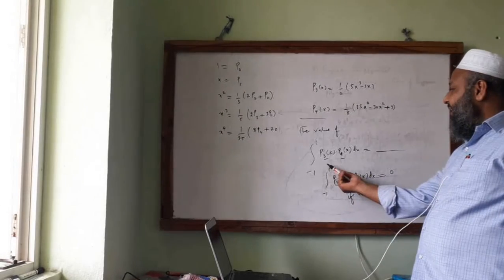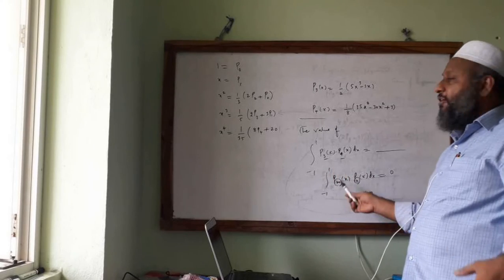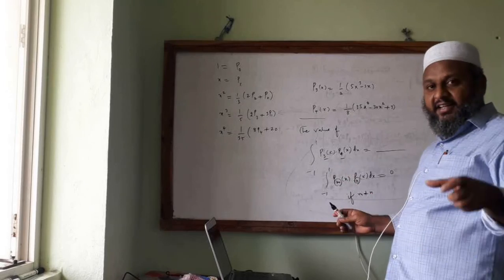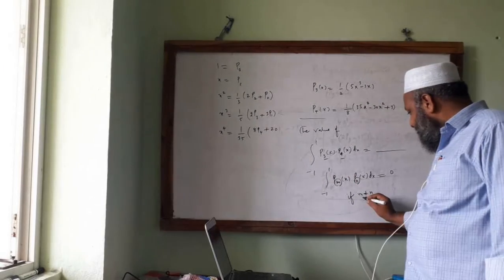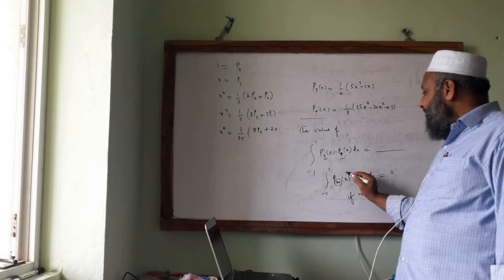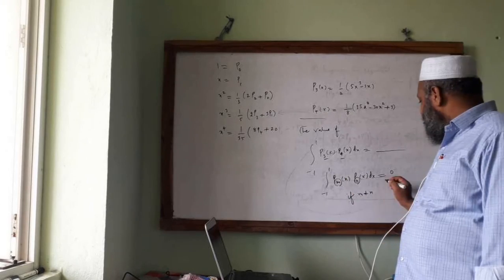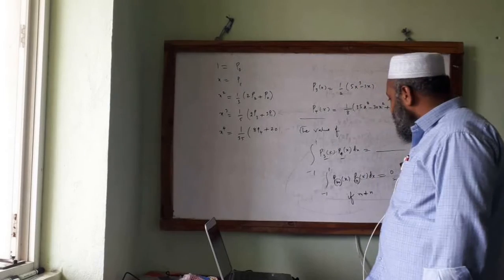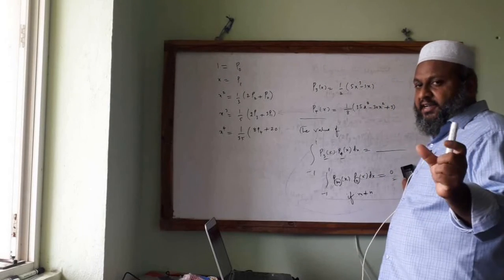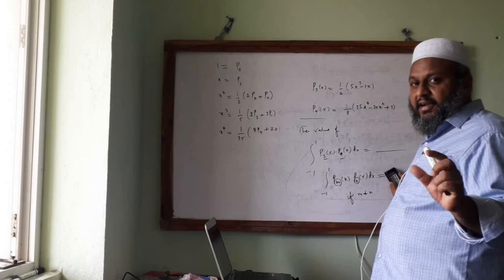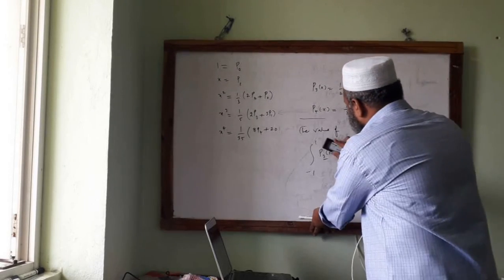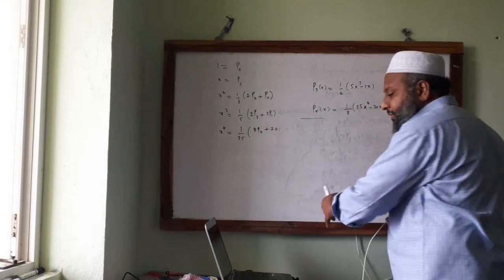So if they give P7 and P9, or P8 and P1000, whatever two numbers, whether even or odd, if they are not equal, the product integrated from -1 to +1 gives 0. It is called the orthogonal property of Legendre polynomials. Orthogonality is the perpendicularity concept, though it is not exactly perpendicular here. So this you have understood.